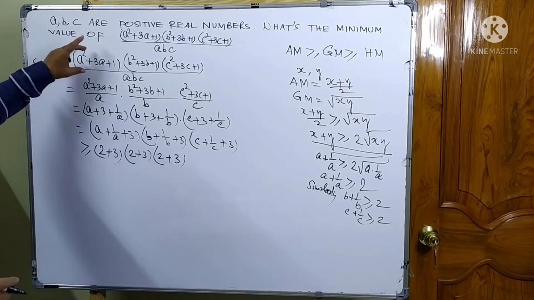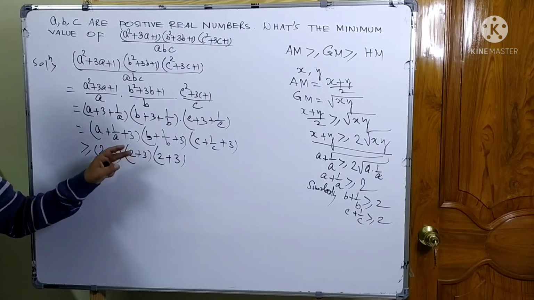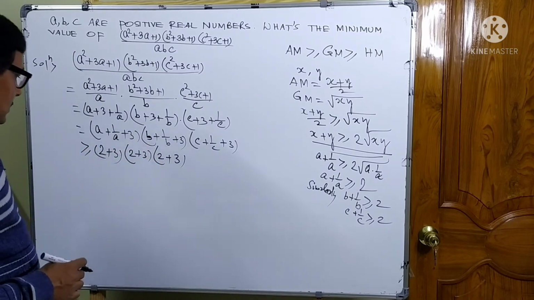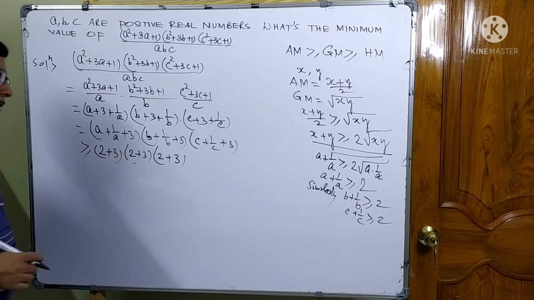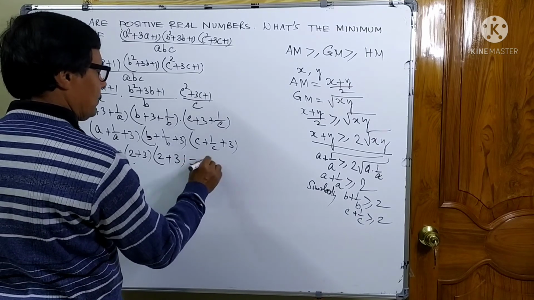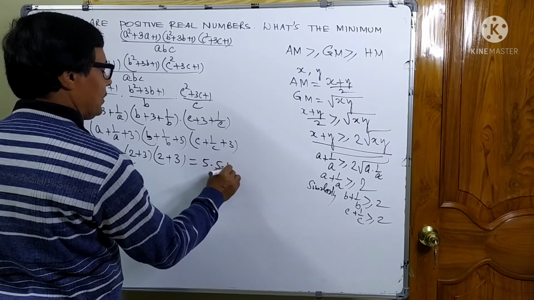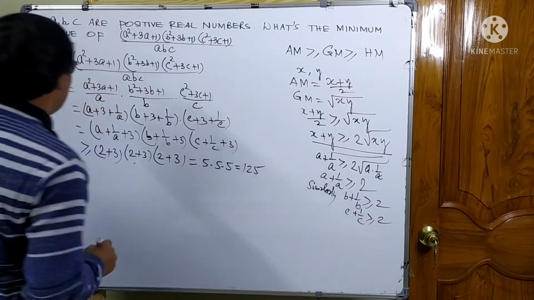This is equal to 5 multiplied by 5 multiplied by 5, that is 125.